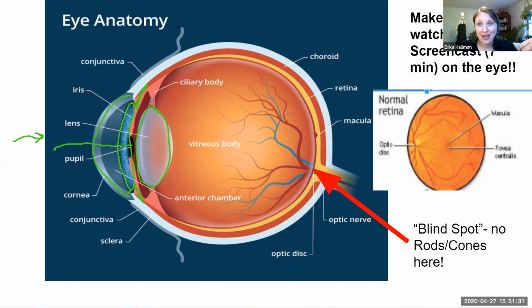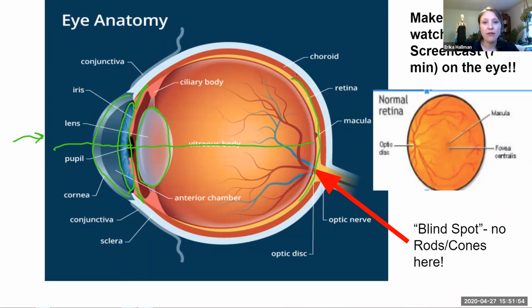So the reason why we need that lens is that we need to be able to concentrate all of the light that is entering our eye, and we need to be able to reflect that image to the back part of our eye, okay? So if the light keeps going through our lens, it will eventually strike the back part of our eye. And the portion that we focus on is called the retina.